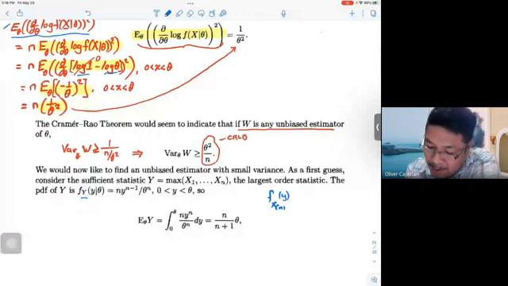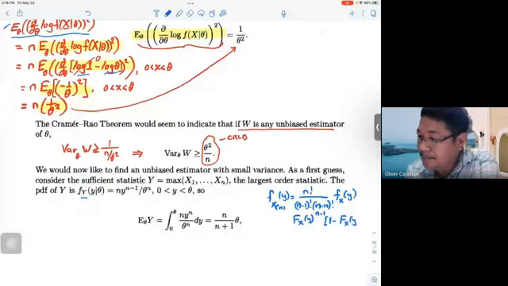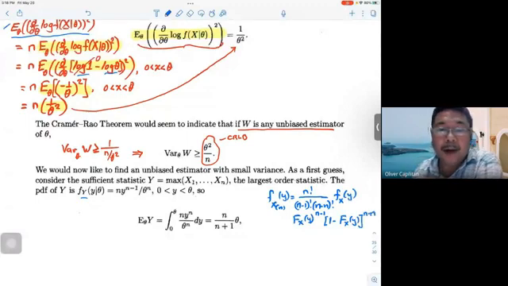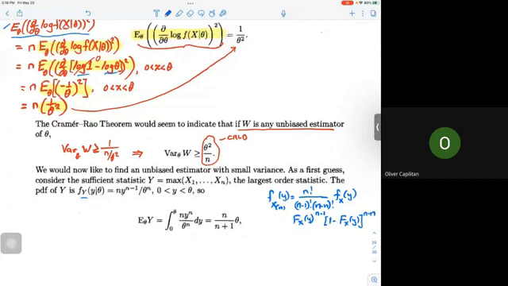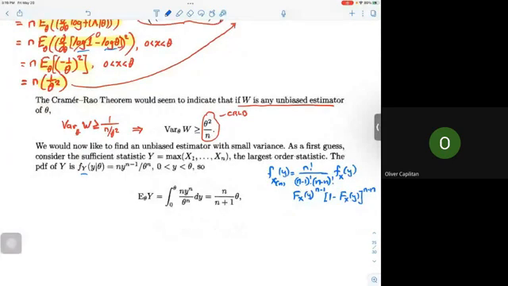And then we have 1 minus the CDF raised to n minus n. Okay, so applying this formula, we're able to get the PDF of our statistic Y in that case. So Y here is greater than 0 but less than theta.